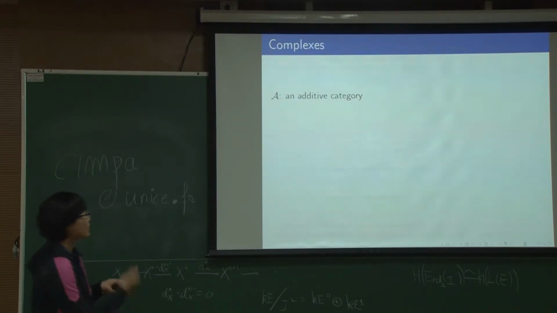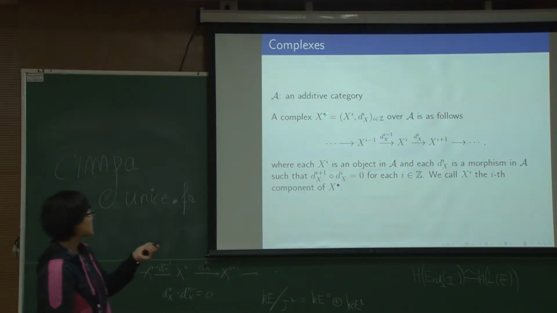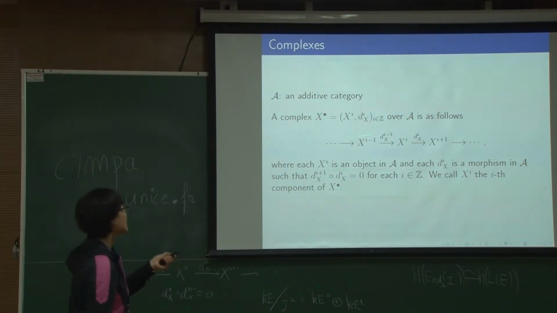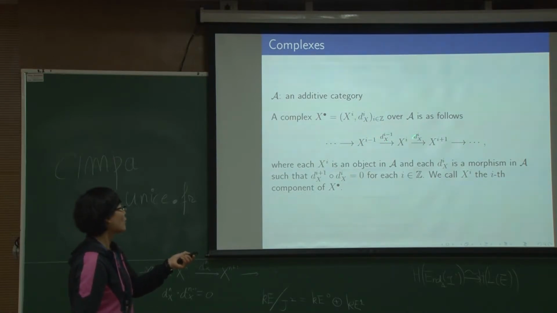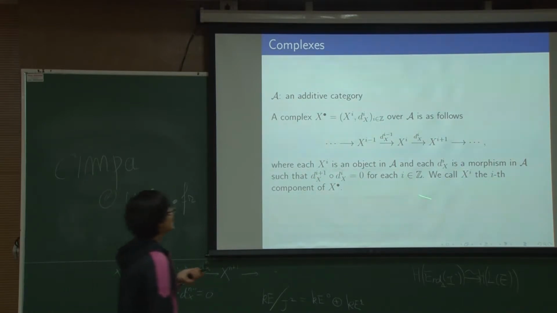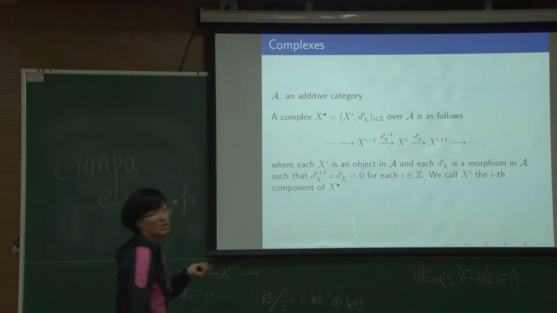So let's first recall what a complex is over an additive category A. A complex is a sequence like this. These are objects in this category A, and here are all morphisms in A, and they satisfy this relation. And we call this X_i the ith component of this complex.